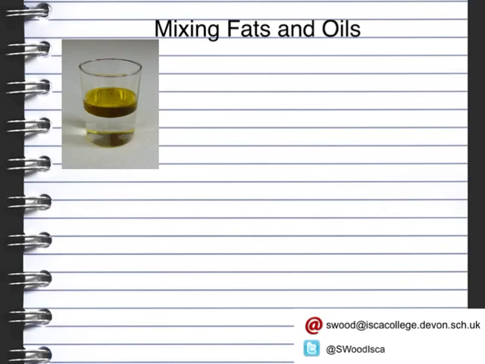We can actually mix this together, and what we get when it's very well shaken is an emulsion. So where we have the shaken, mixed vegetable oil and water, it's an emulsion. That's because the shaking causes the oil particles to break up and they disperse within the water, so we get a spreading out.